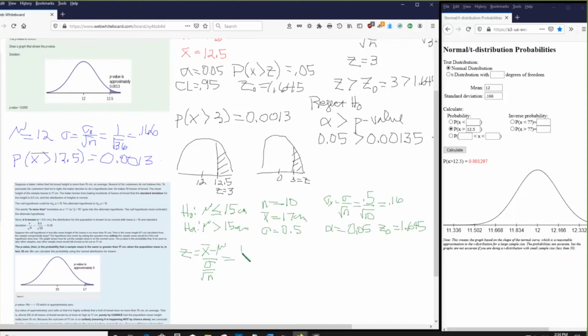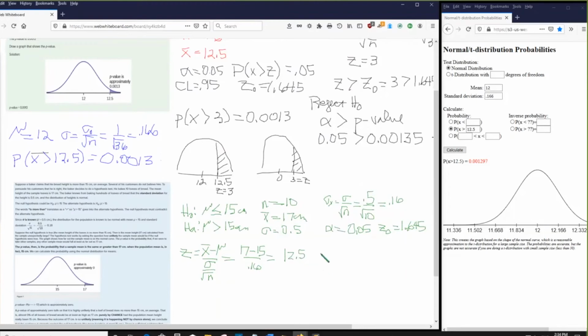That's 17 minus 15 all over 0.16, which gives me a z-score of 12.5.